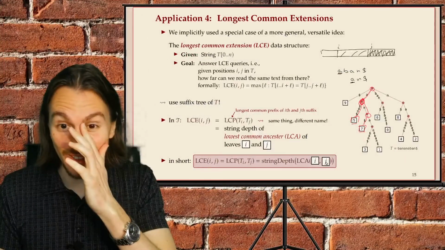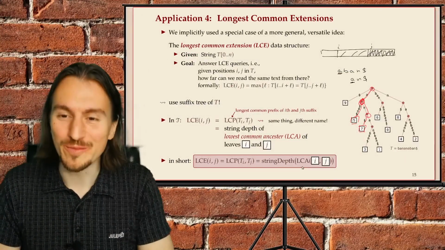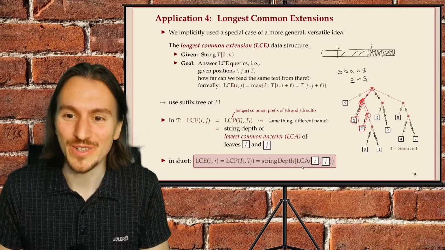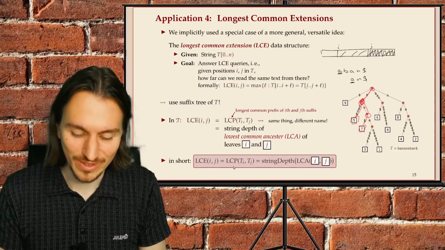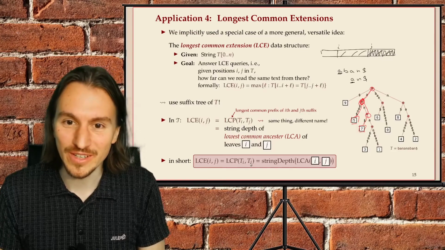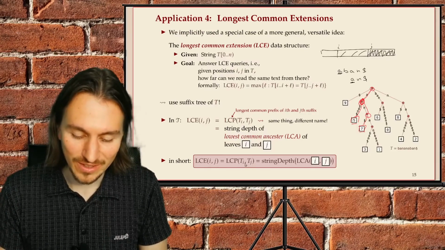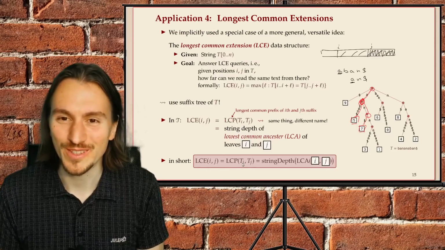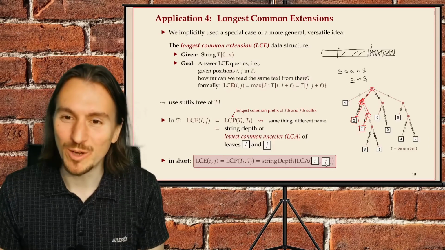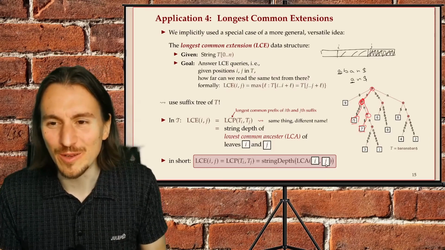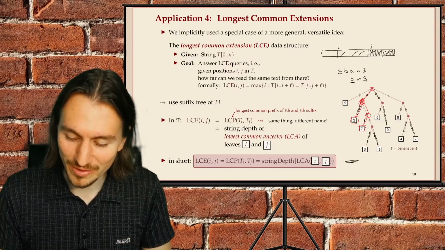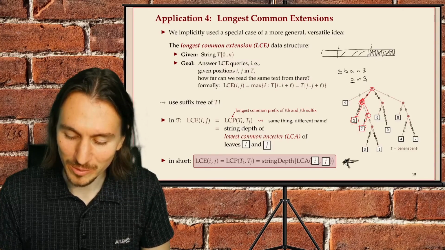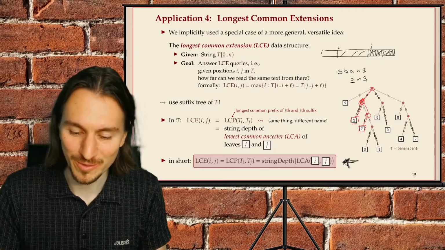So you see, in all of these three terms, the numbers i and j are involved. Either it's the starting positions in the text, or it's the starting positions of an index of a suffix. So it's the name of a suffix, if you like, or it's the name of a leaf, but it's really the same numbers in all cases. So do remember this one. We'll come back to it after the Christmas break.